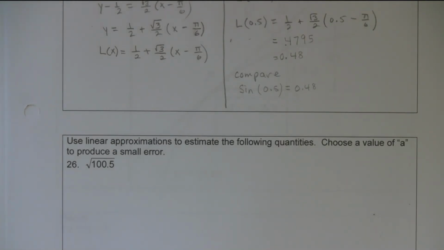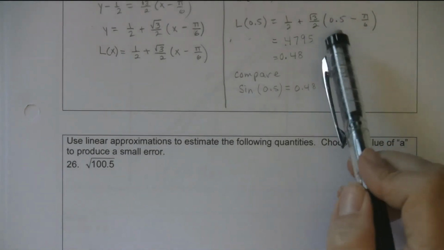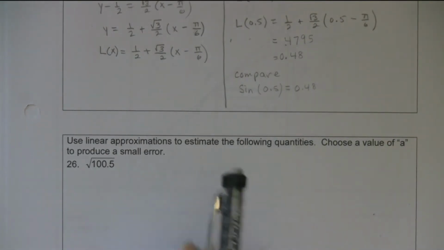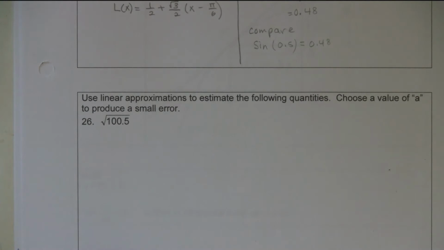But several hundred years ago anyway, maybe even more than that. There was no way that this would have made things nicer if you wanted to find something like that. So we're supposed to use linear approximations here to estimate the quantity, the square root of 100.5, and just to see kind of how it would go.